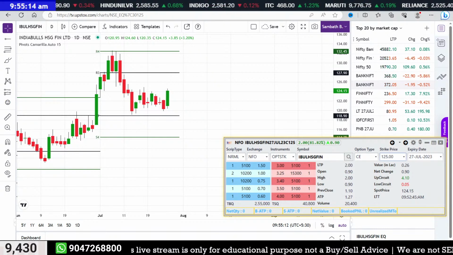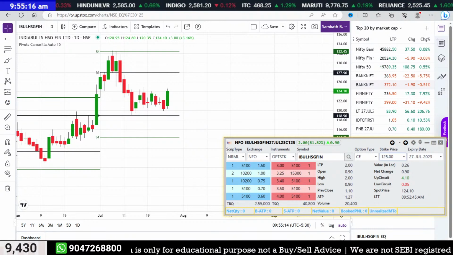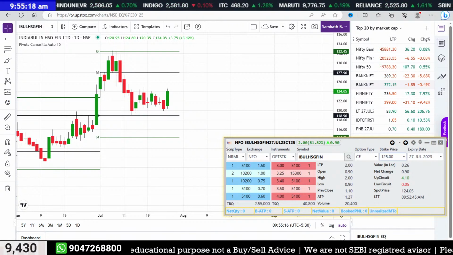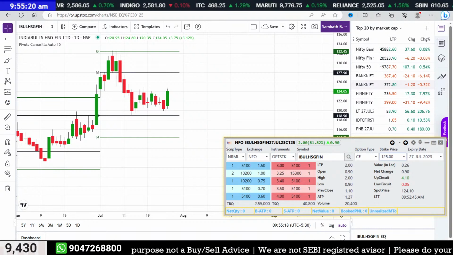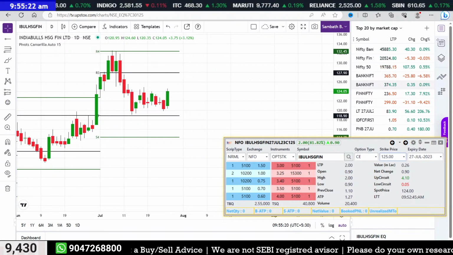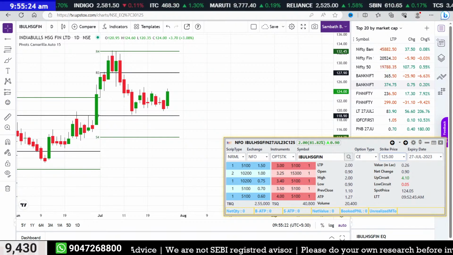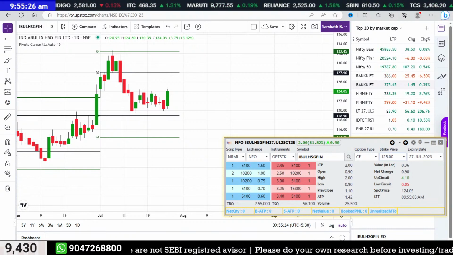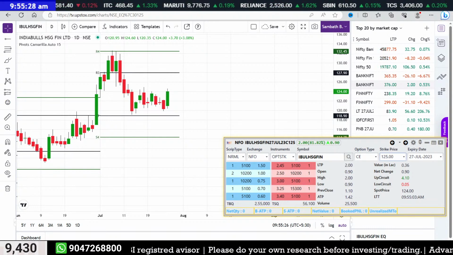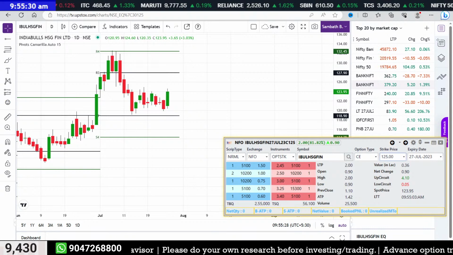Sorry, it's not a liquid one. Since we are regularly doing stock options, if you are following these methods and strategies, you will easily understand whether the stock is liquid or not. That's why I immediately told you this is not the right one.